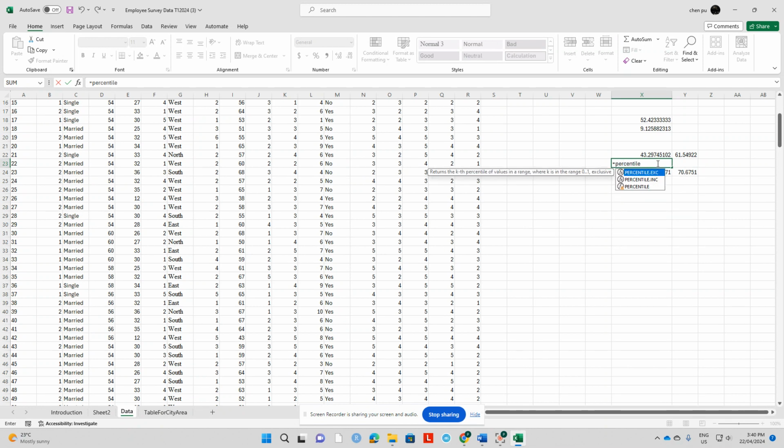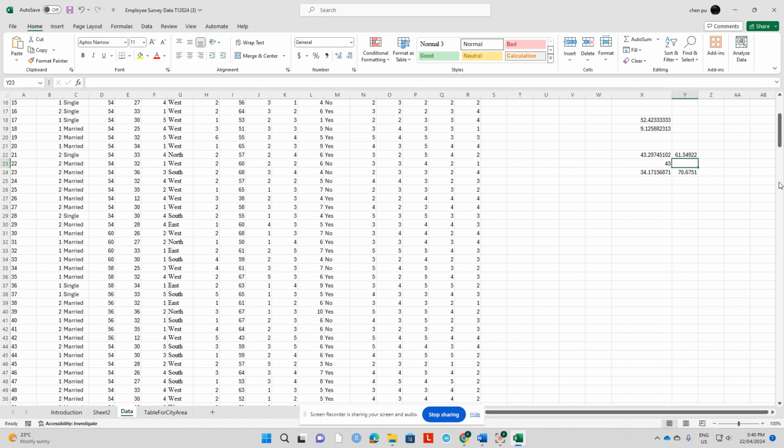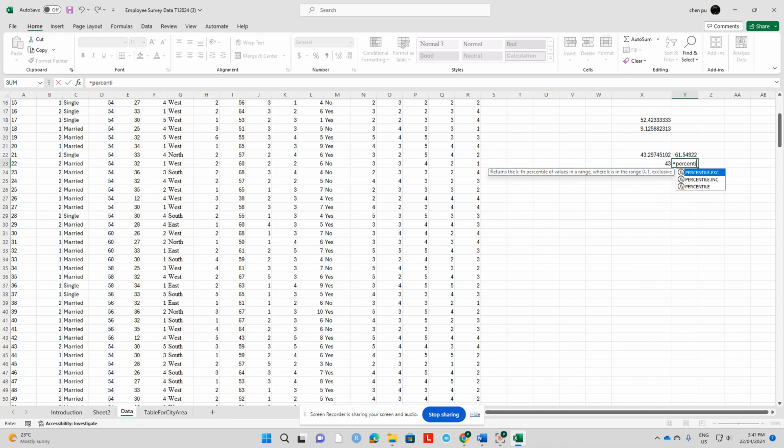So percentile, then I2 double point I301, and now I write 0.16 for the 16th percentile. Oh, you see here, it's very close to what we calculated. And for the upper bound, I calculate equals percentile. Now, I need to calculate which percentile.